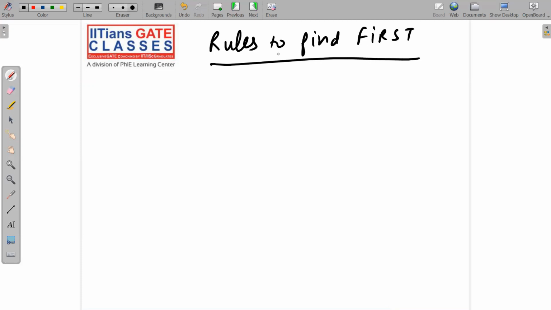Okay, rules to find first. Okay, so the first rule: if we have a terminal symbol as the leftmost symbol in the RHS, then it is very, very simple.